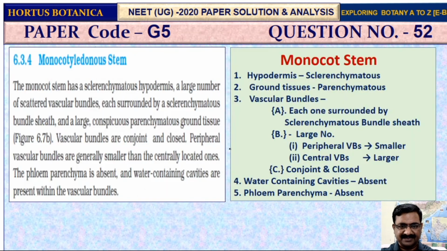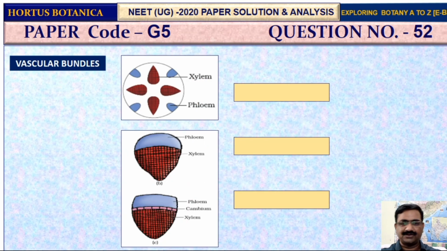See, we are talking about vascular bundles. In the first case, what you are finding is that the vascular bundles are arranged in a radial arrangement of xylem and phloem, that is the vascular tissues.